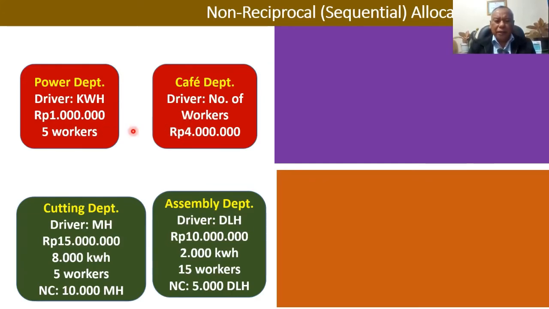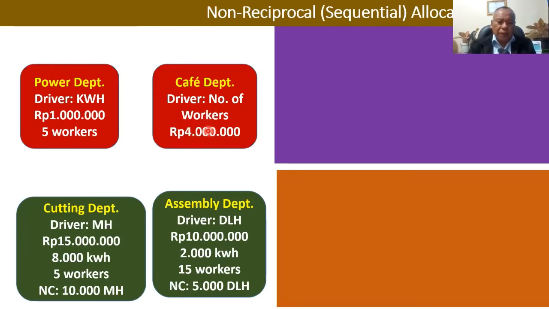If you are using the non-reciprocal or sequential allocation method, another way to determine the sequence is to look at the highest cost. In this case, power is 1 million and cafe is 4 million, so we start from the highest cost, which is cafe.